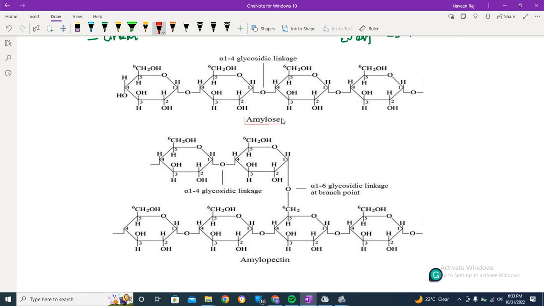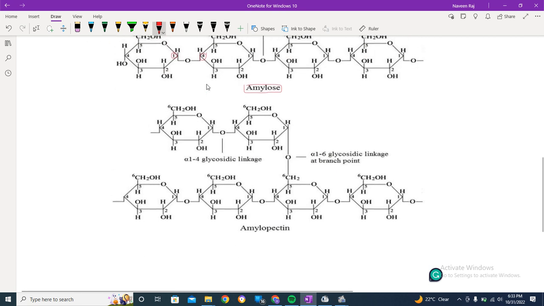This is simply a 1,4 linkage: this is carbon number 1 of glucose 1, and this is carbon number 4 of glucose 2. We have learned all this condensation process in our previous videos, how the 1,4 link and the glycosidic bonds form. So you just need to be clear with your basics. Do check out my channel; we have a complete series on biomolecules to understand all that stuff. And this is how amylose forms the linear chain.